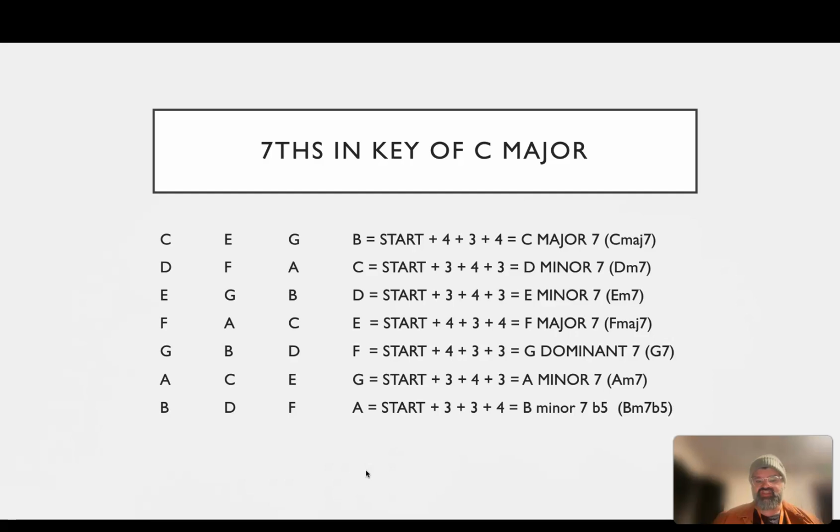If we were in the key of G, the same chord patterns arrive. Now remember with G, it's different from C major because G has 1 sharp in it.